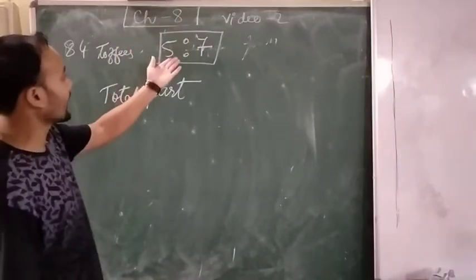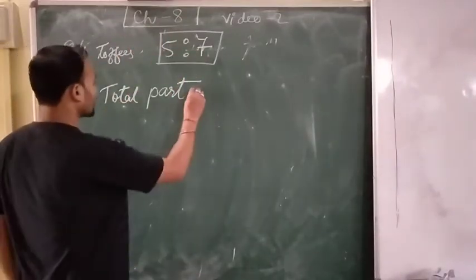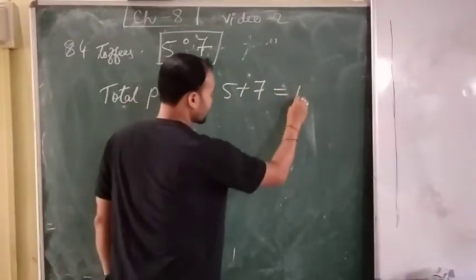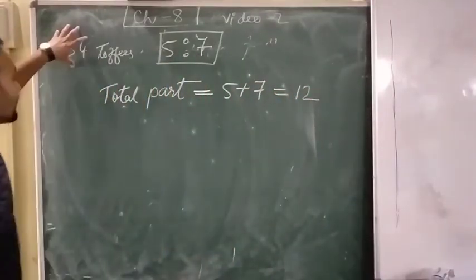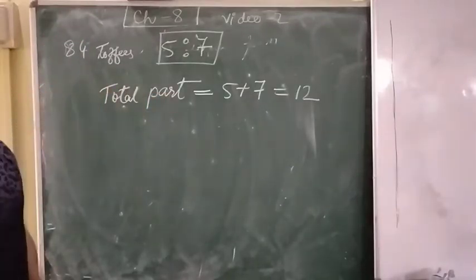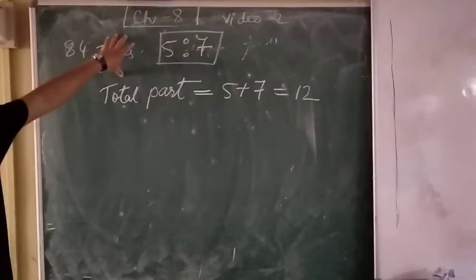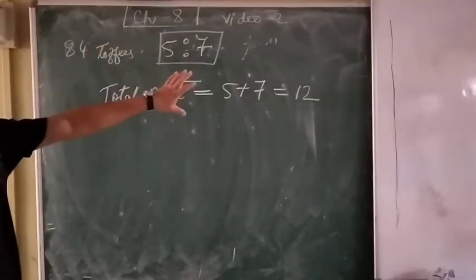Now what are the two terms? 5 and 7. So when 5 and 7 are added, we get 12. That means 84 has to be split into 12 parts. Remember this.